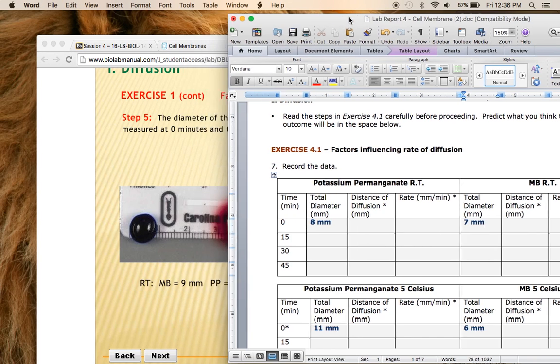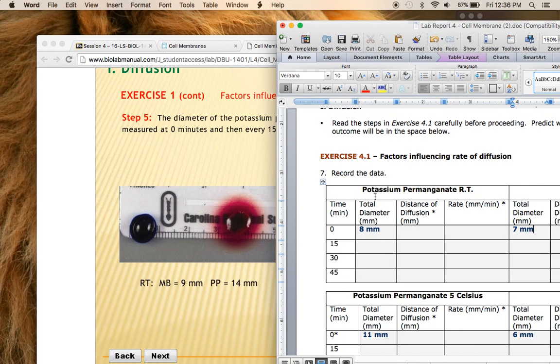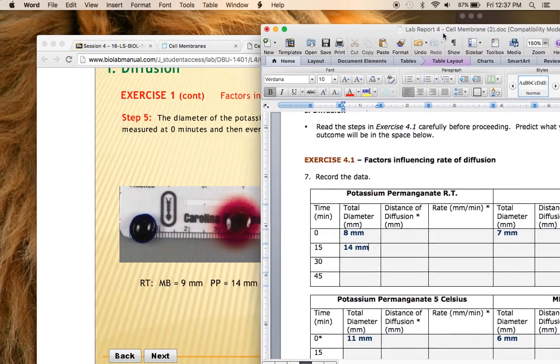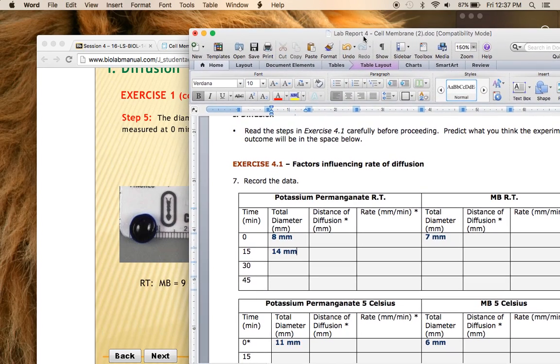So we are looking at the room temperature one first. So potassium at room temperature after 15 minutes is at 14 millimeters, because that's what they've measured for you. And the methylene blue at room temperature is at 9 millimeters.